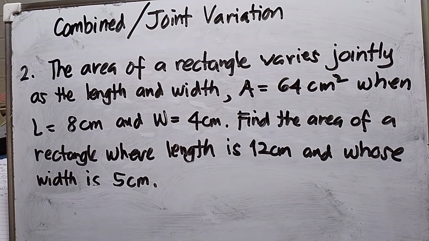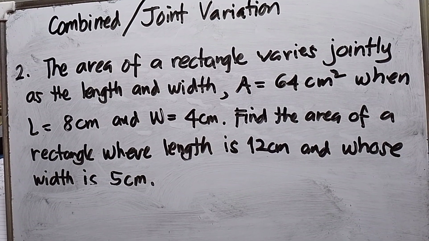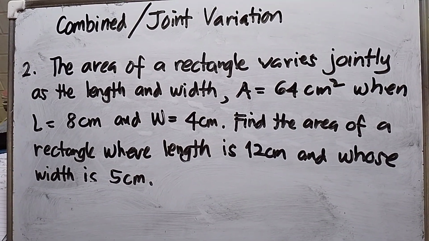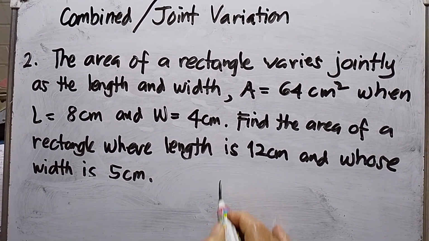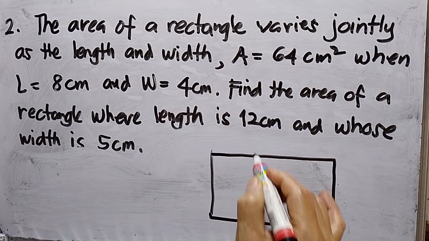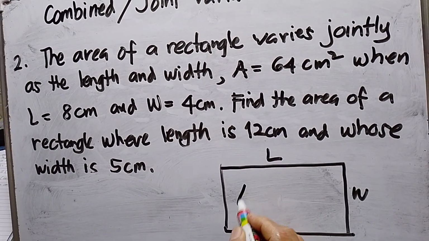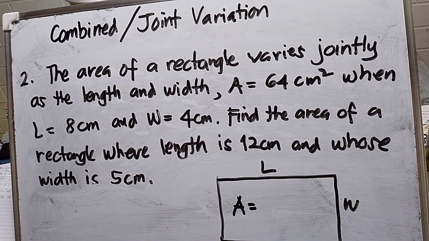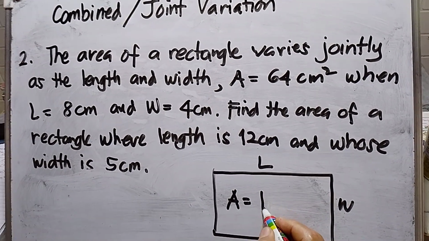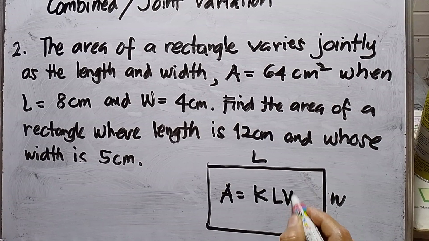Find the area of a rectangle where the length is 12 centimeters and the width is 5 centimeters. Okay, this is the rectangle. This is the length and this is the width. According to the problem, area is equal to the constant of variation times length times width.